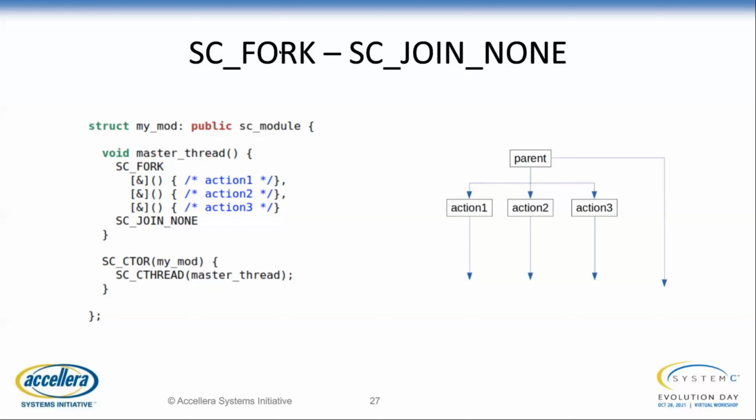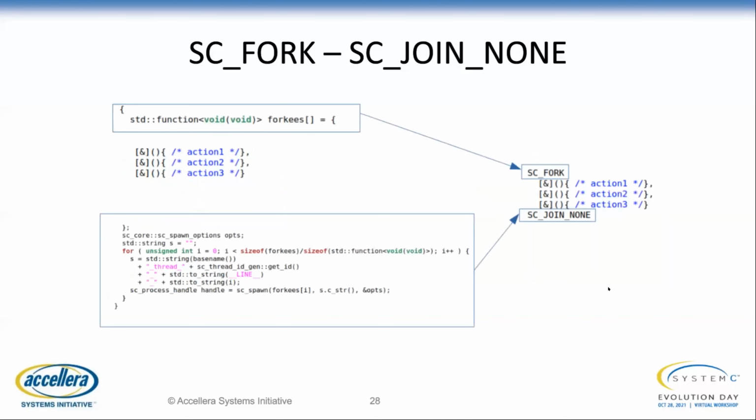It could be useful to also have these macros, which just spawn threads and let them run. The parent doesn't have any join condition on them. Behind the scenes, it's the same thing: it declares an array of function objects, you populate it, and they are just spawned with calls to SC spawn. There's no join condition afterwards.